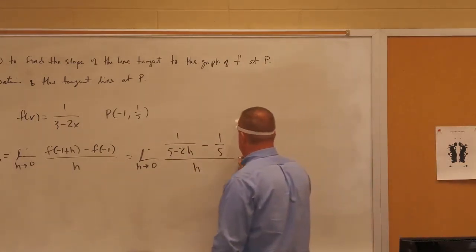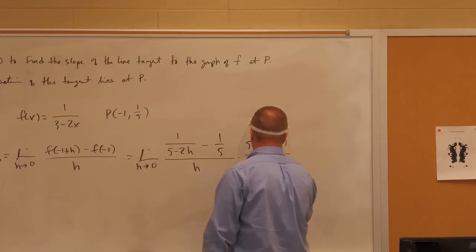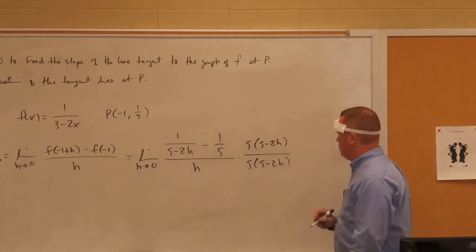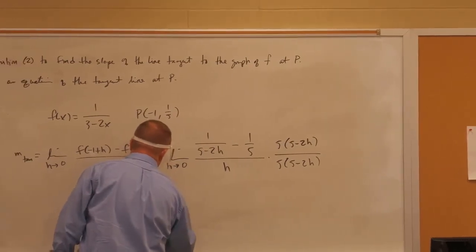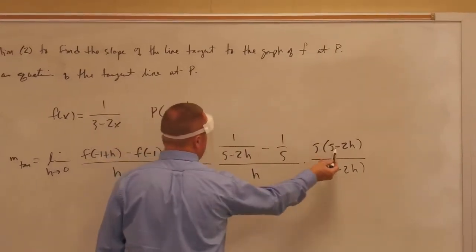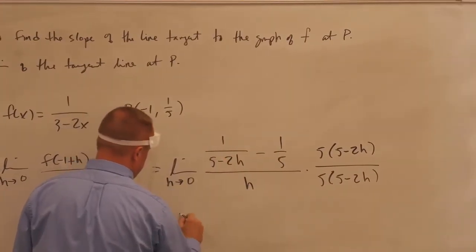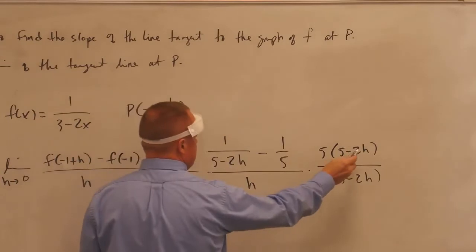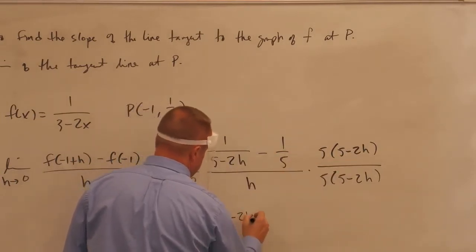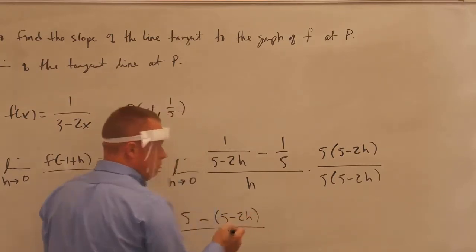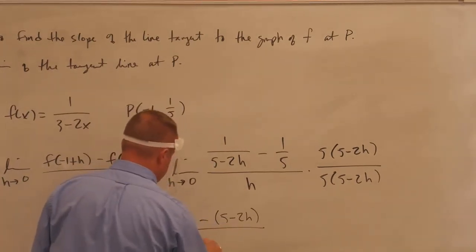All right, so times... okay, so that will give me the limit as h approaches 0 of, now if I multiply this times this, the 5 minus 2h's cancel, I get 5, minus, this times this, the 5's cancel, so I get parentheses 5 minus 2h. The bottom, always just leave it, don't distribute the bottom out when you have one like this with fractions.